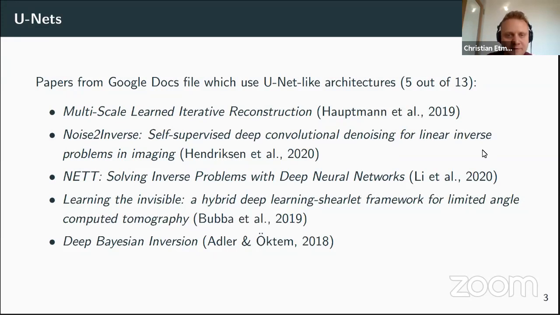So these are the 5 that I found there. Maybe I missed one, but this just goes to show that even if you go away from segmentation, where UNet is like the only thing people do in some form, even in deep learning for inverse problems, this UNet is a very important idea.